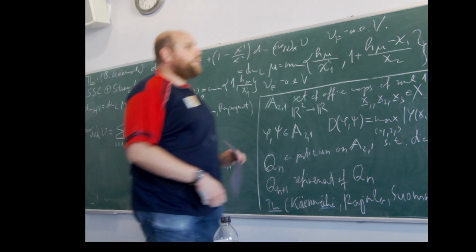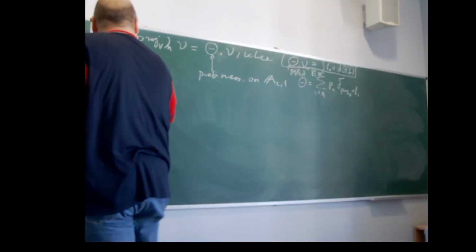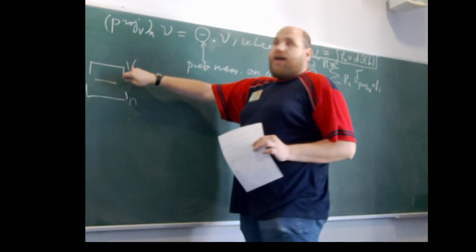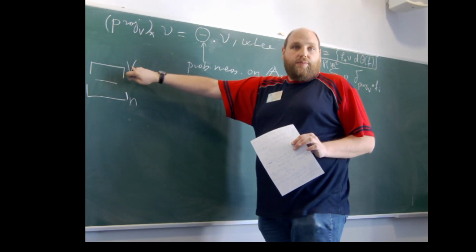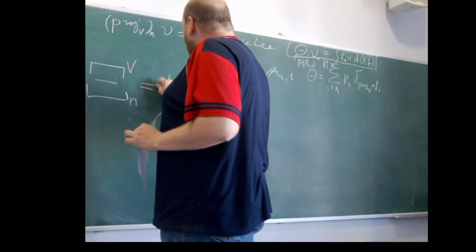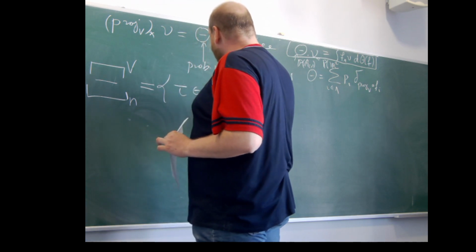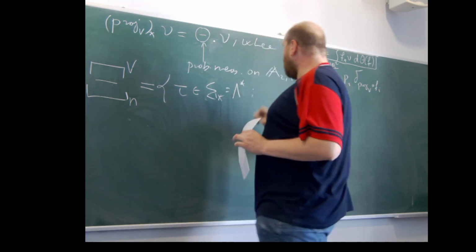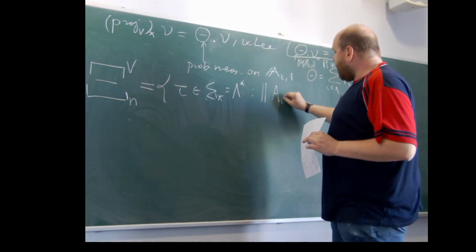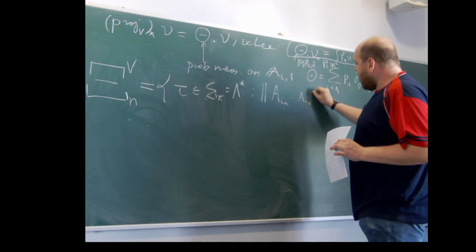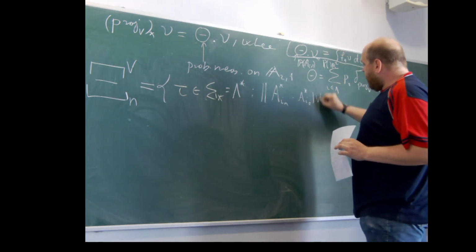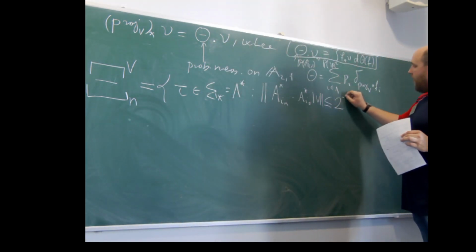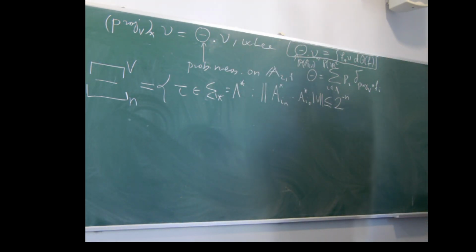So I want to collect all those iterates that correspond to this direction V, all finite words, such that the norm of this matrix product on V is, again, we love dyadic partitions, so I again want dyadic partitions.